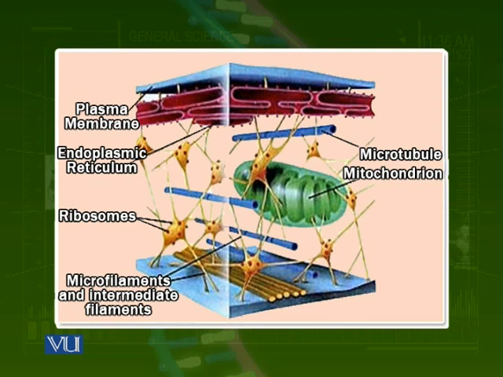Actually, mitochondria are kept in their place with the help of these different types of cytoskeletal elements, some actin filaments, the microfilaments, some microtubules, and some intermediate filaments.